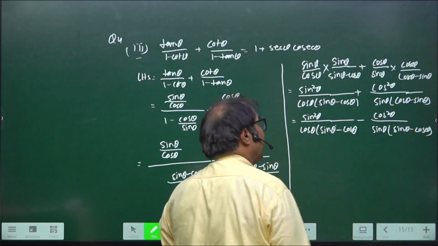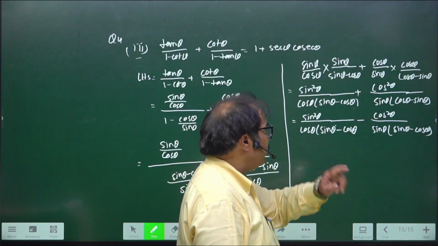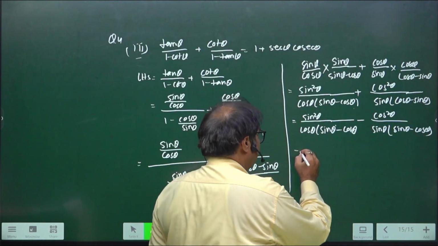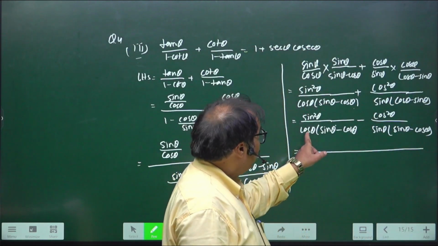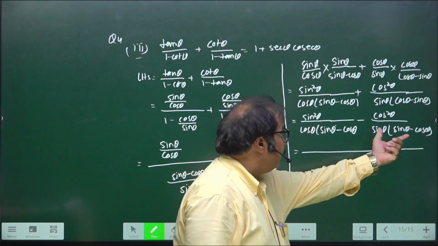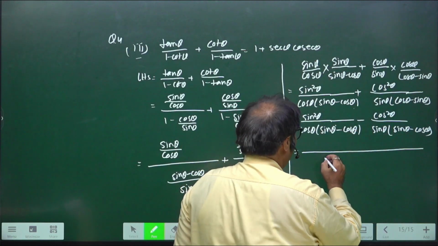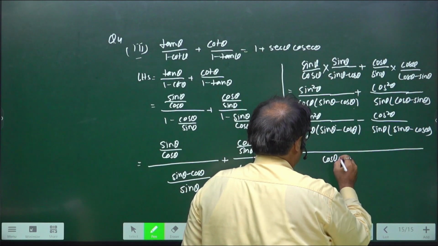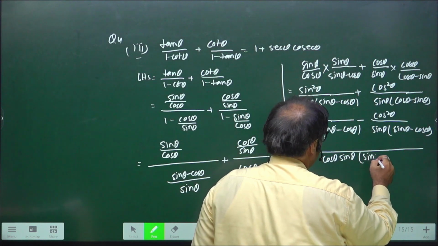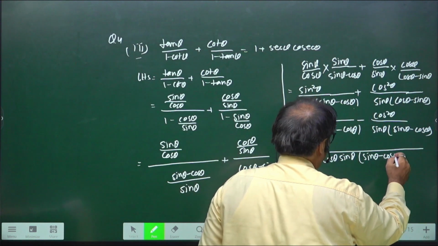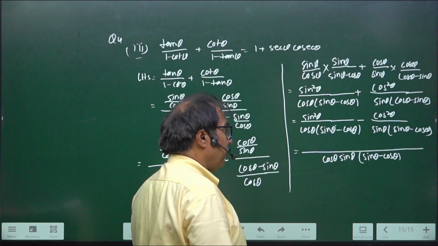Here I have taken minus as a common, so minus plus minus. Now take the LCM, right? So what will be the LCM? Cos theta into sin theta, and this term is coming common. So the LCM will be cos theta sin theta into sin theta minus cos theta. This is the LCM.